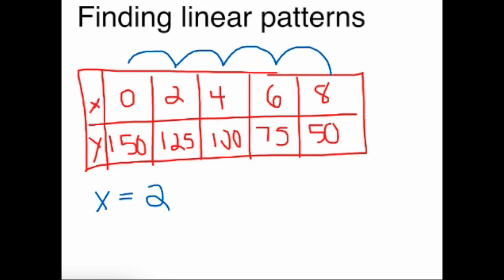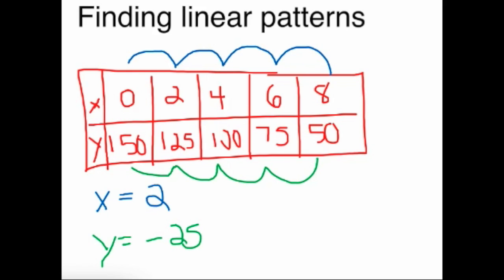Now your y value, you can see that that is actually going down by how much? Well, let's count that out. If we go from 150 to 125, that's down 25 each time. So we know that our y value is going to be minus 25. Now, to write this in slope form, we need to make sure that we write the rise over run.